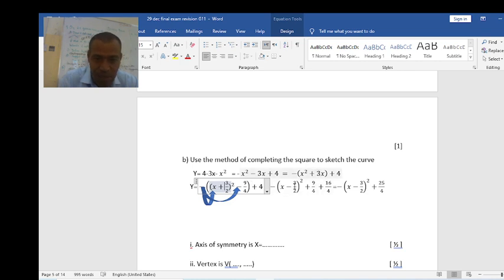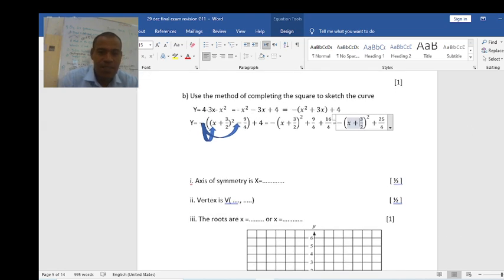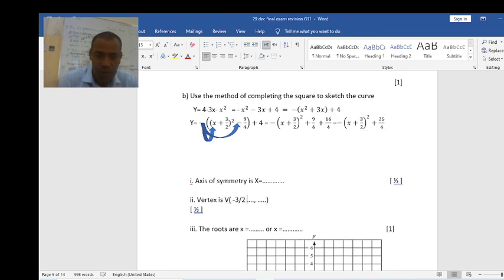Then the vertex x value is negative 3 over 2, or negative 1.5 as you like, and the y value of the vertex is 25 divided by 4, which is 6.25.